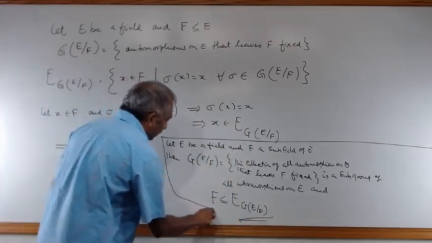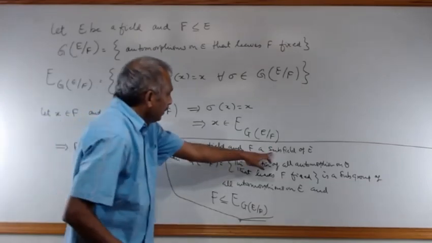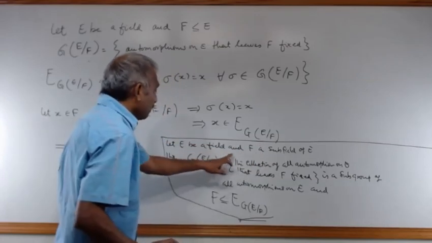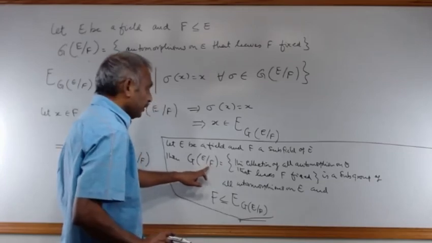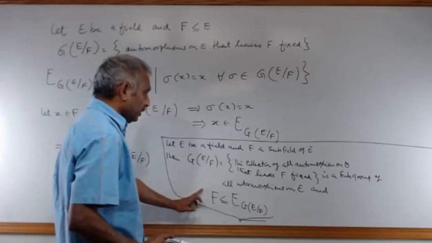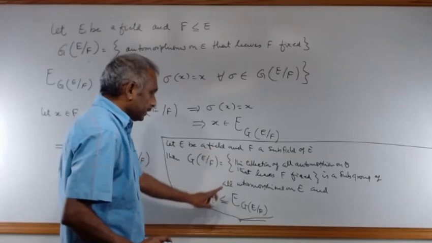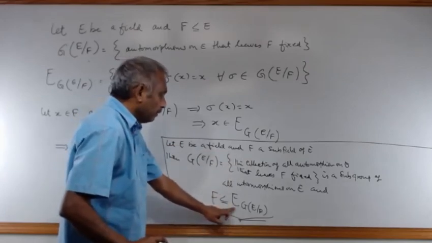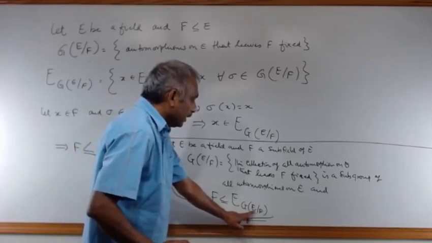This is a very important result. E is a field and F is a subfield, and if you collect all the automorphisms that leave F fixed, it becomes a subgroup of the group of all automorphisms, and always F is a subfield of the fixed field of the group of automorphisms on E over F.